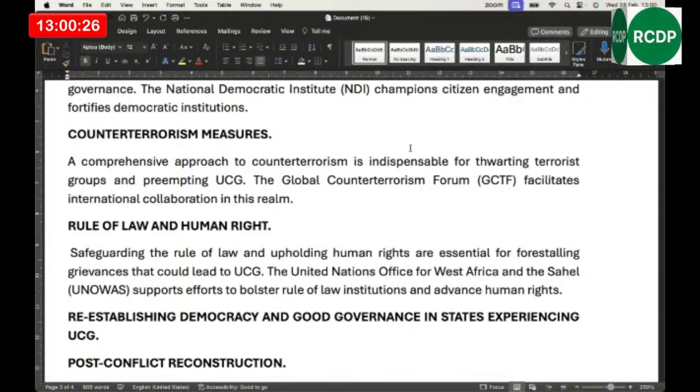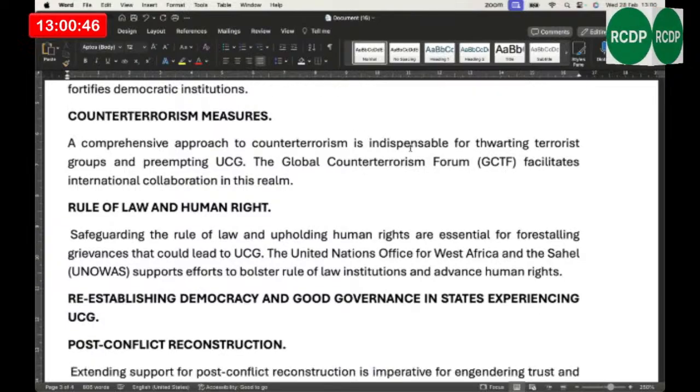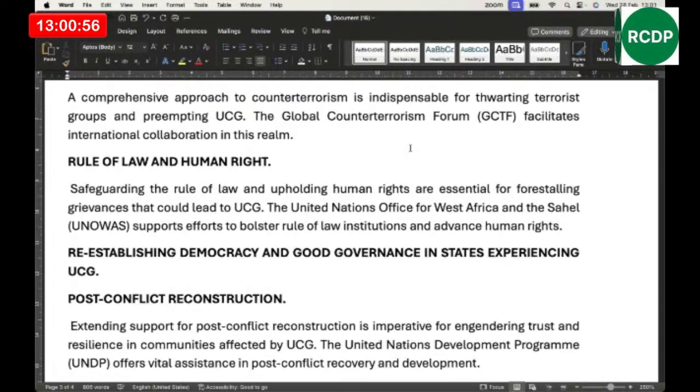in summary, in confronting the challenges posed by unconstitutional changes of government, the Regional Citizen Dialogue Program stands as a beacon of hope for West Africa. By mobilizing resources, fostering partnership, and addressing the root causes of instability, the RCDP aims to promote democracy, human rights, and the rule of law in the region.